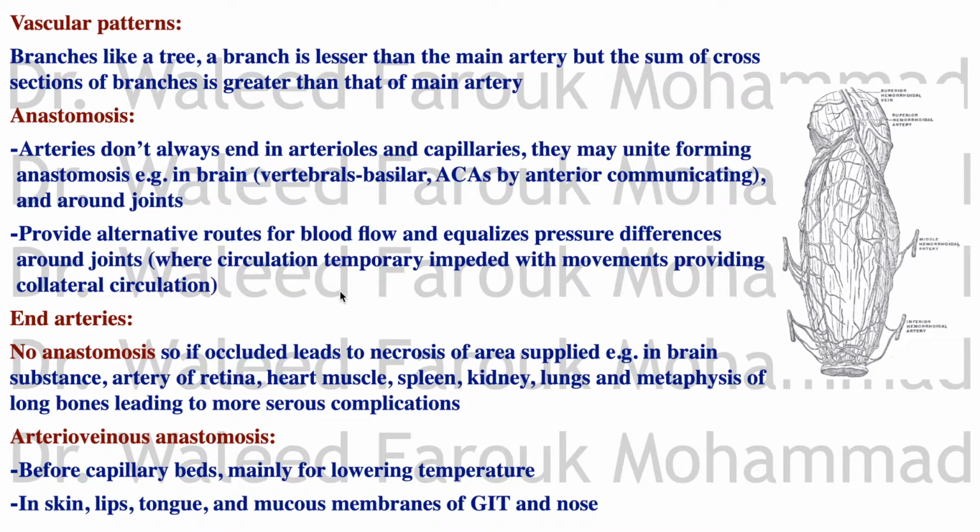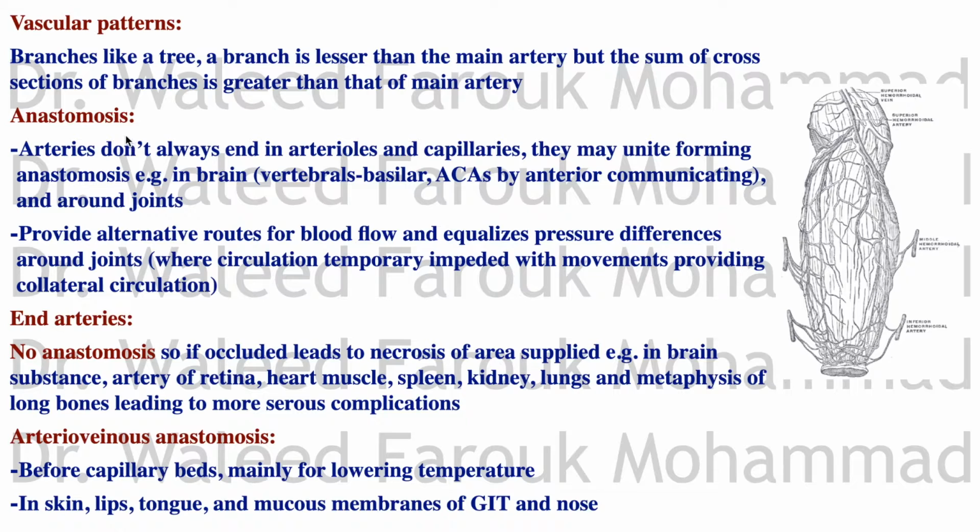Vascular patterns: the vessel branches like a tree. The branch is lesser in diameter than the main artery, but the sum of cross sections of all branches is greater than that of the main artery.